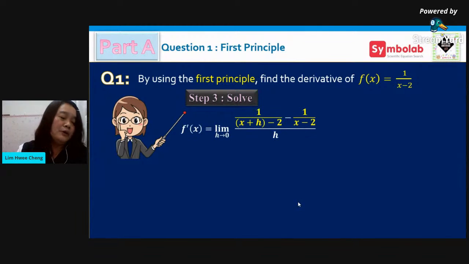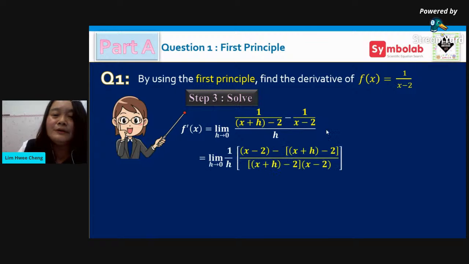From here, the very first step is that I'm going to apply the theorem of limits to solve this. What I do is put this one aside, and I equalize the denominators, and I try to simplify.